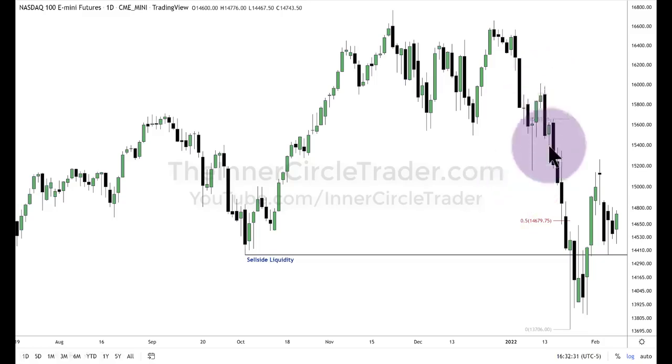Count how many up days or green candles there are from this high and this high down to that low. One, two. Real important. The delivery by the algorithms is spooling. That means price is expanding and going directionally one way.